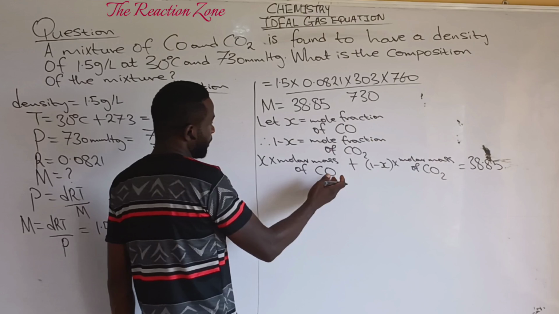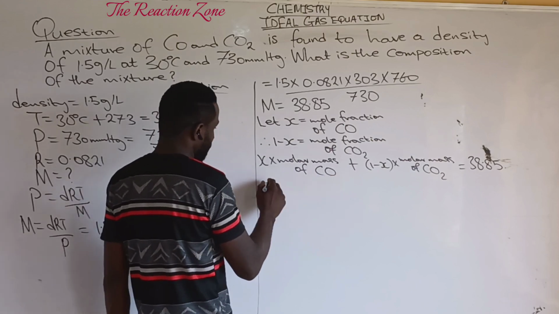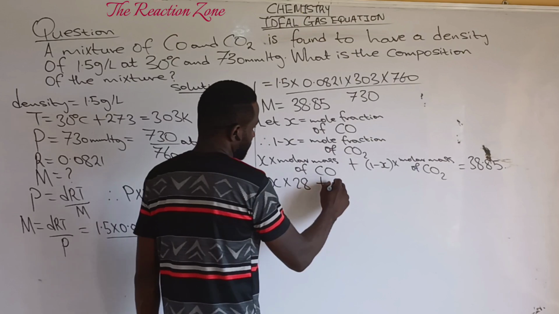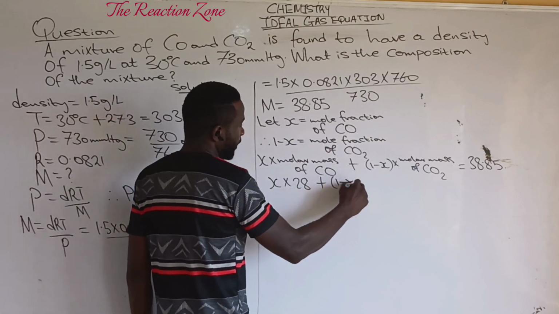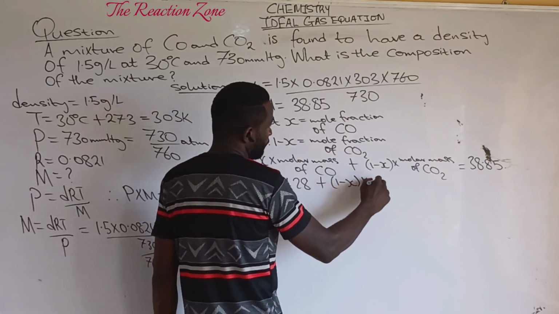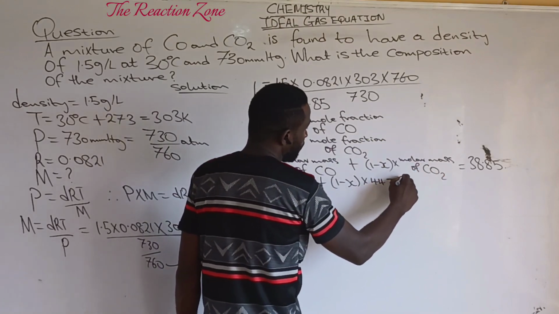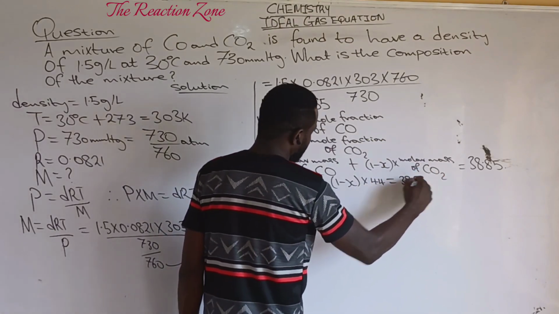The molar mass of CO is 28. So this is X times 28 plus 1 minus X times 44. 44 is the molar mass of CO2. Will be equal to 38.85.